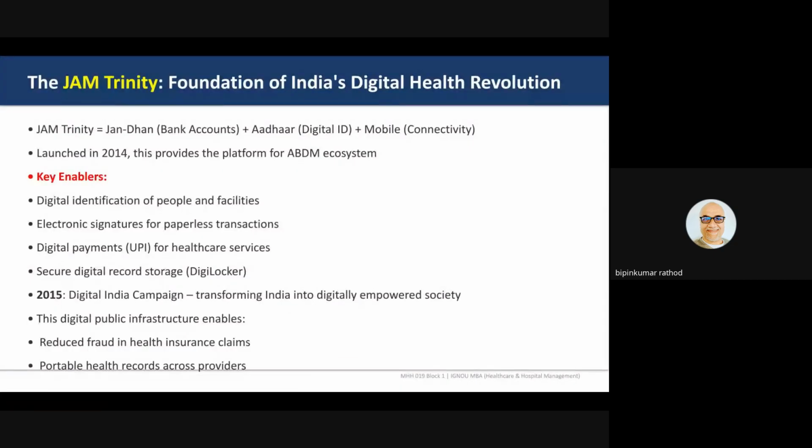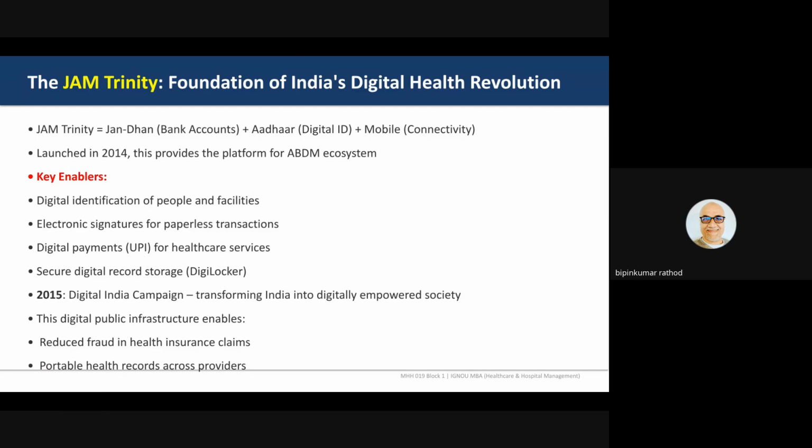To create the foundation of India's digital health revolution, we came up with one plan that is called the JAM Trinity. So what is the JAM Trinity? You must have heard about the government promoting three Trinity components.